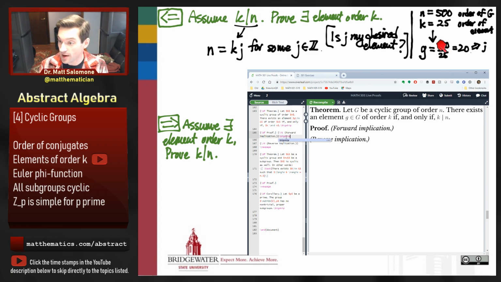Because this division process that I did over here, I can't really call that an element of a group, unless I call it an element of the group Z mod n. So I'm just going to remind myself in this calculation here that in Z mod n, this element is an element of the desired order.